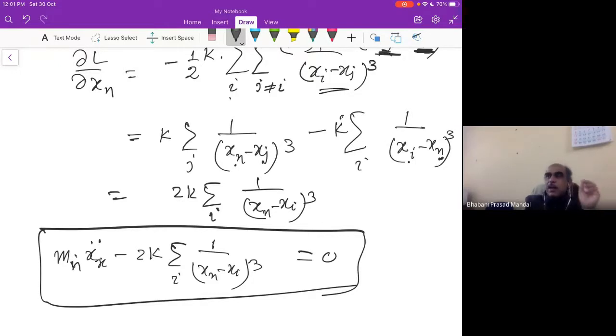Unless there is an explicit T dependence in the Lagrangian, total energy is conserved. So total energy, and py is very easy to find to be conserved. Only the y component of the angular momentum, but I have checked a few students, and still they have done that it is rotationally invariant.